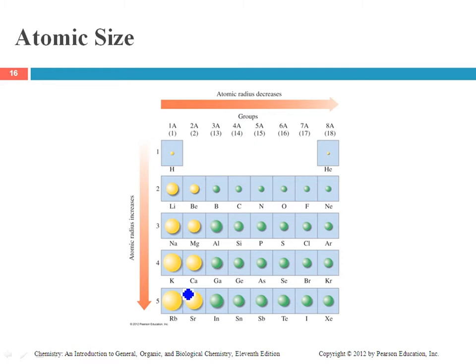However, as we move across, even though our atomic number is increasing, the size of the radius decreases.